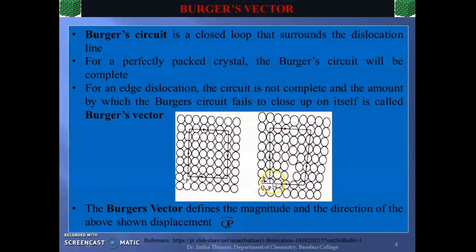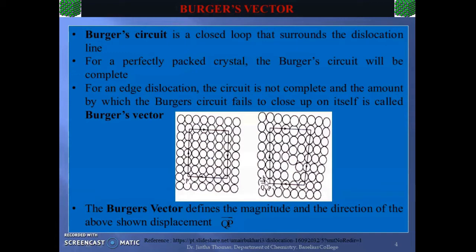Now look at this space QP, that is represented by the symbol B, vector B. This quantity B has both direction and magnitude. So this is a vector quantity. This displacement B, vector B, is called the Burger's vector.